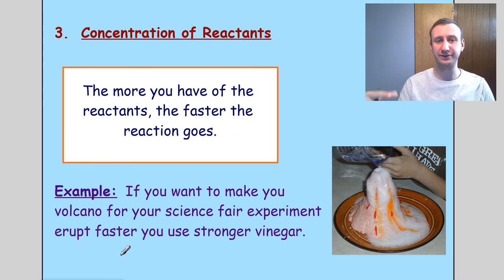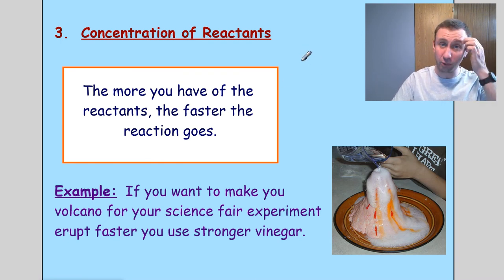Concentration of reactants, this is more of a confusing one to understand. So concentration is something that is kind of a hard concept to explain, but it's how much solute I have, so how much of a chemical I have per larger volume of a solution. So the higher the concentration, the more reactant I have per volume, the faster the reaction is going to be.